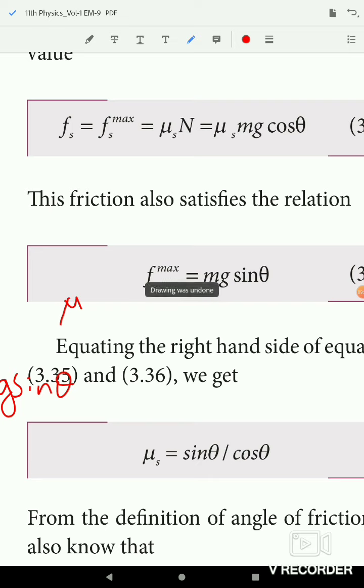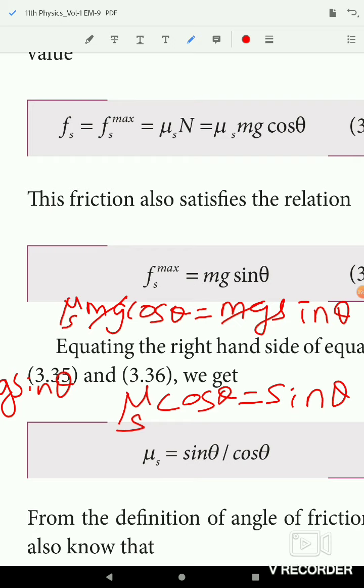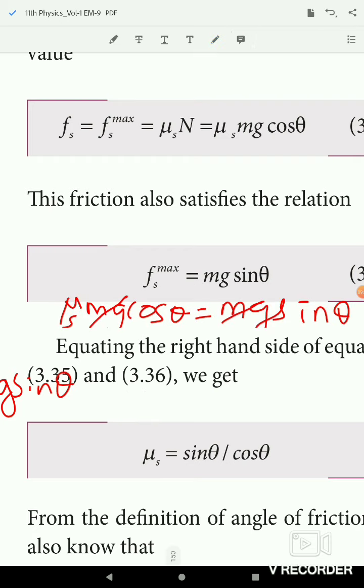In this case mu s mg cos theta equals mg sin theta. You cancel mg on both sides, so mu s cos theta equals sin theta. So you get mu s equal to sin theta divided by cos theta.